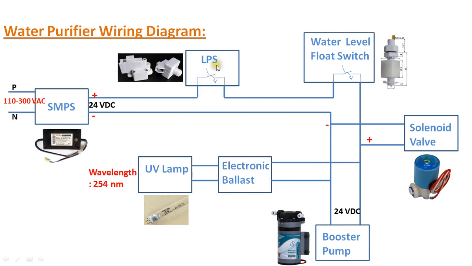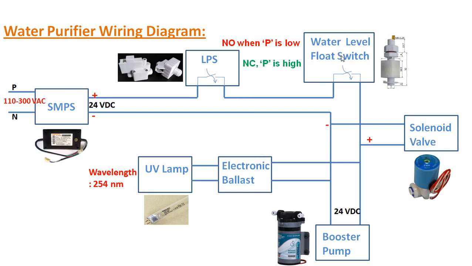Here you can see this is a low pressure switch which is normally open when the incoming feed water pressure is low, and it will become normally closed when the required pressure is reached, and then this 24 volts is applied to the water level float switch.